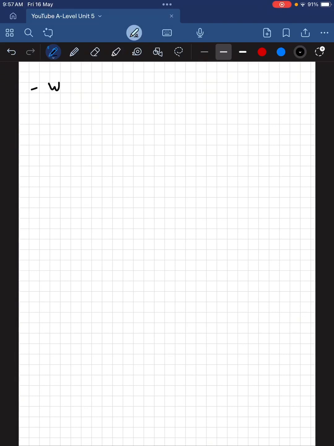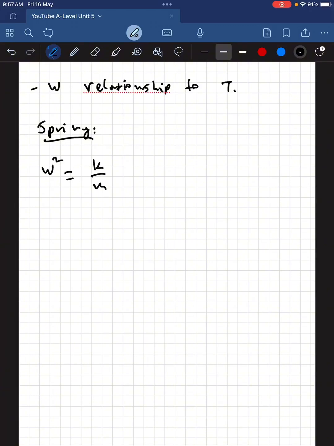Now let's talk about the relationship between the angular frequency and period. So for the spring, we found that omega squared is k over m when we discussed this earlier, and since omega is 2 pi over T, we can plug it in, and this is equal to k over m.